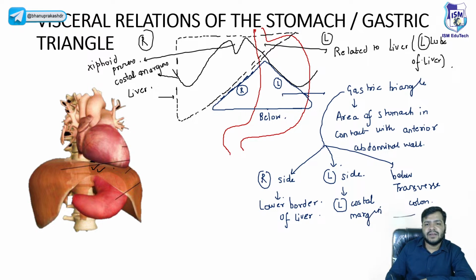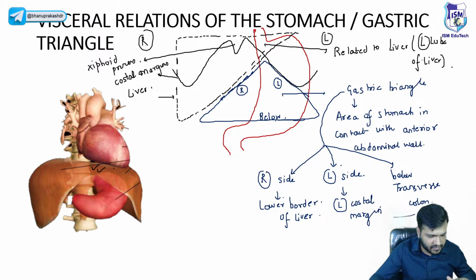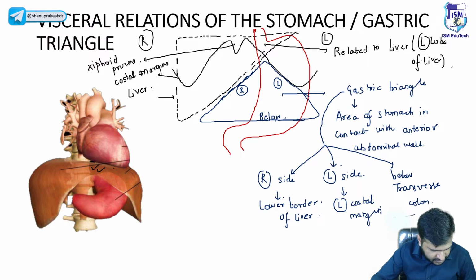ये थोड़ा सा बड़ा वाला बनाना, so that you can have an idea कि below transverse colon भी आ रहा है. So yes, just draw it a little big. ठीक है. So I hope this is clear to everyone. I hope the gastric relations are clear to everyone.